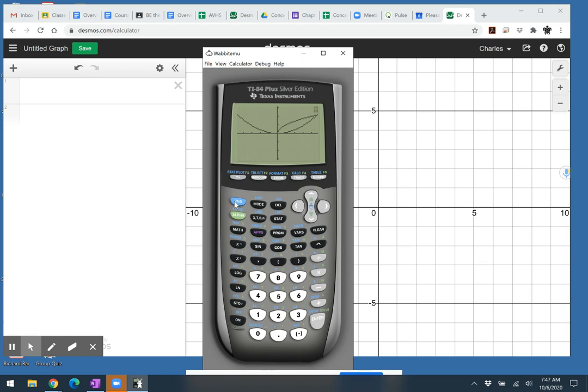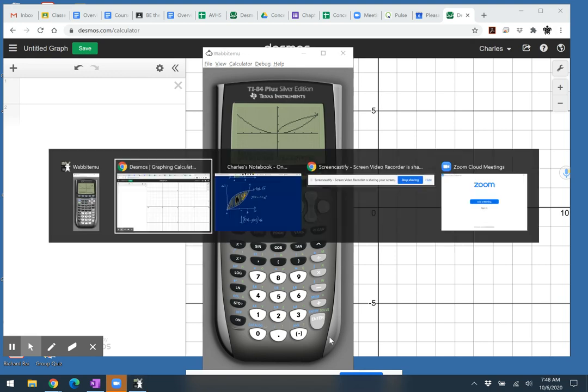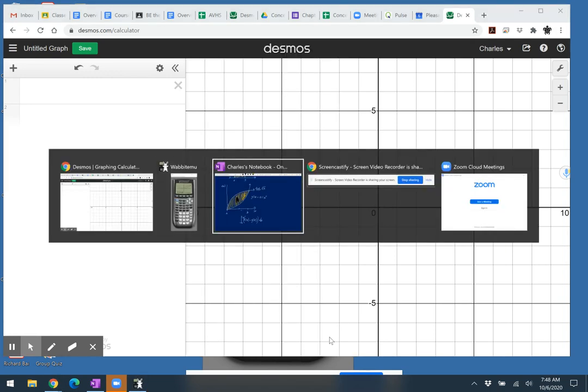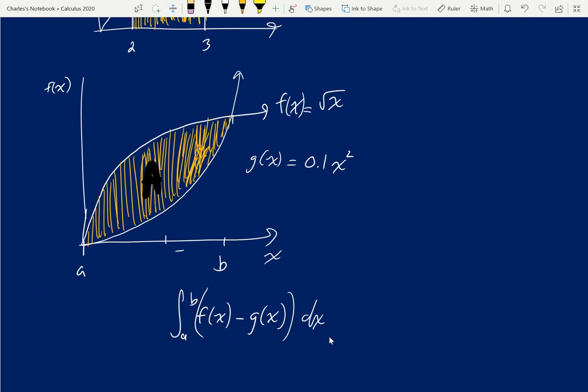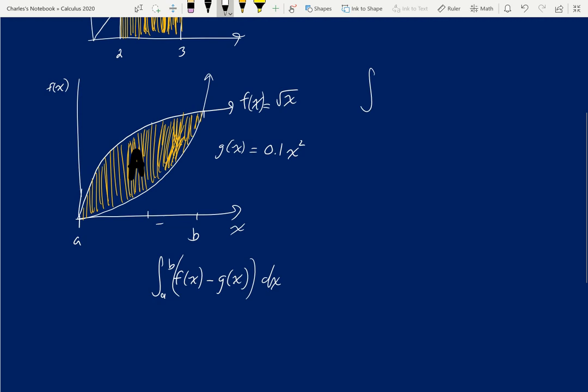And then I'm going to try to calculate the intersection point. By going here, I get x is equal to 4.642. I guess I'll round to three decimal places because that's what the AP test wants me to do.